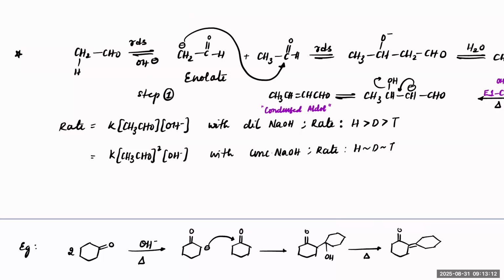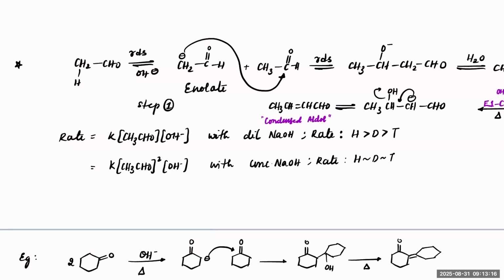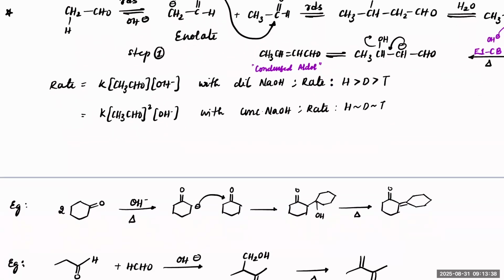Now, this is one important part. If you are taking dilute NaOH, the first step is the rate determining step because the formation of enolate itself is going to take time. But if you are taking it in a concentrated form, then the second step will become the rate determining step. So, if you take dilute NaOH, then you will see an isotopic effect observed.